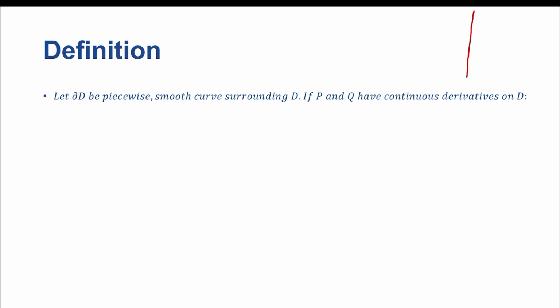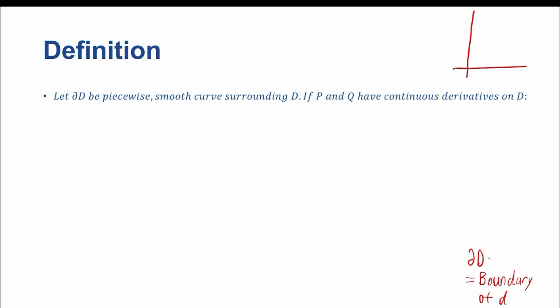So when I write partial D like that, that is equal to the boundary of D. That's the boundary of some two-dimensional domain.